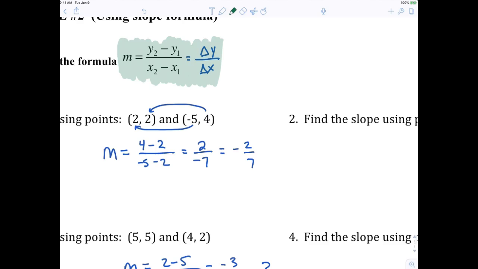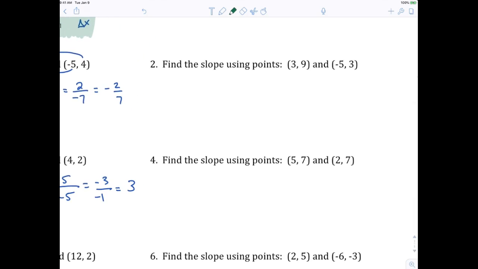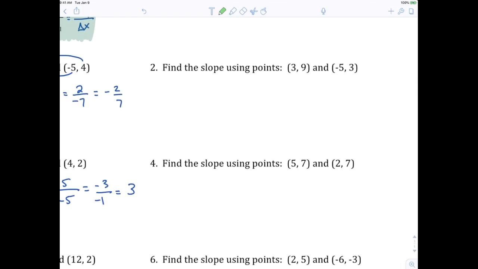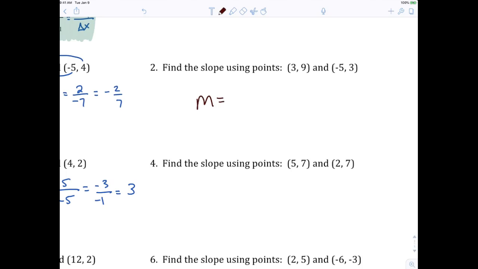All right? So now we're going down the page. Number 2. We're going to start with Miss Pliego. You're going to read me the numbers and tell me what the answer is. Go. M equals 9 minus 3 over 3 plus 5. Good.